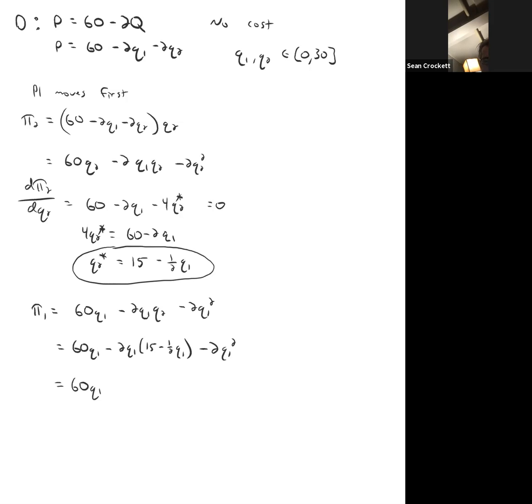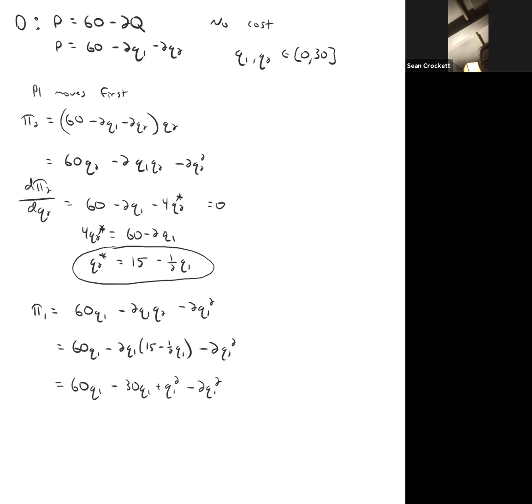So that's minus 30 Q1, and that's plus Q1 squared, minus 2Q1 squared. Just making sure I didn't make any mistakes there. I think that looks good.